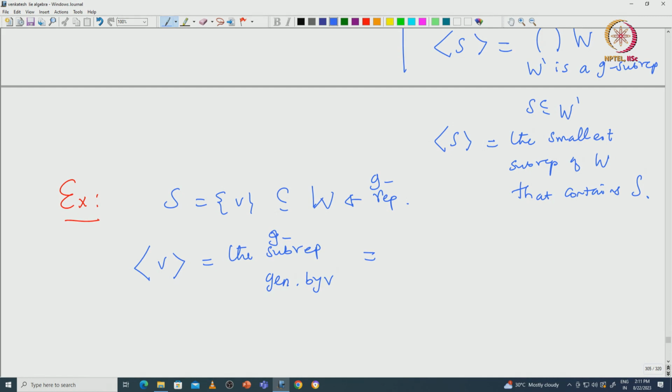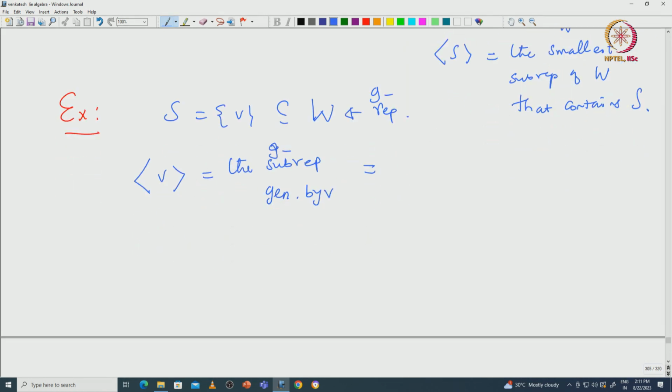Okay. So, exactly, if you think about it, you can take any elements of G and then act on V. Okay. So, then that element must again be part of the sub-representation generated by V. Okay. What I mean by that?